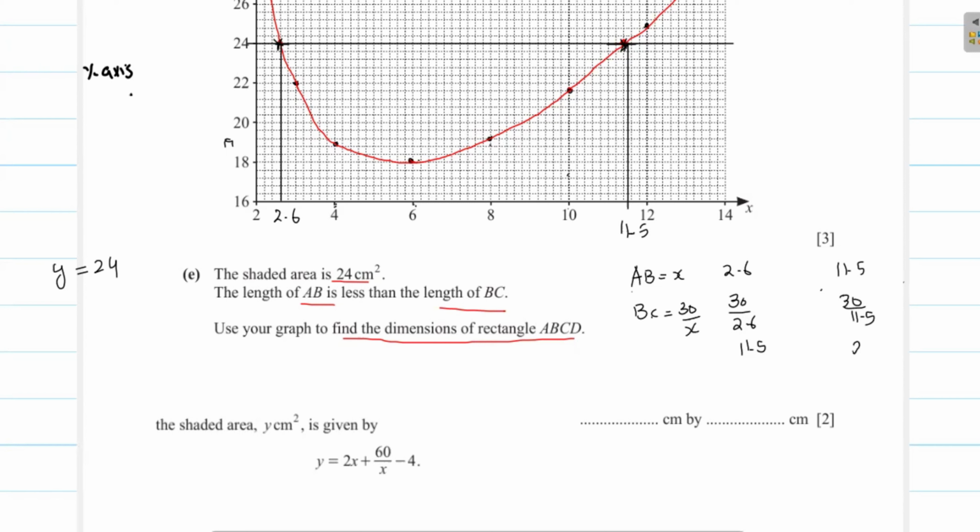This will be equal to 2.6. Therefore, in the case where AB is smaller than BC, AB is 2.6 centimeters and BC is 11.5 centimeters. The dimension of ABCD will be 2.6 by 11.5 centimeters.